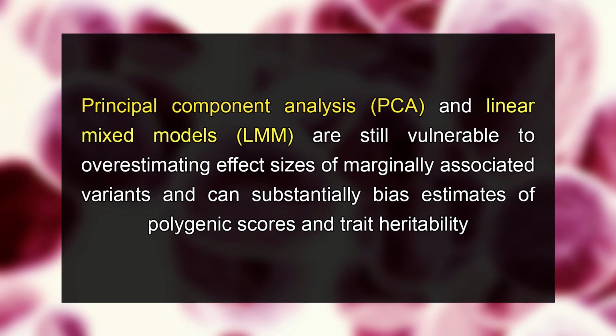Though they are likely sufficient for avoiding false positives in association studies, they are still vulnerable to overestimating effect sizes of marginally associated variants and can substantially bias estimates of polygenic scores and trait heritability.